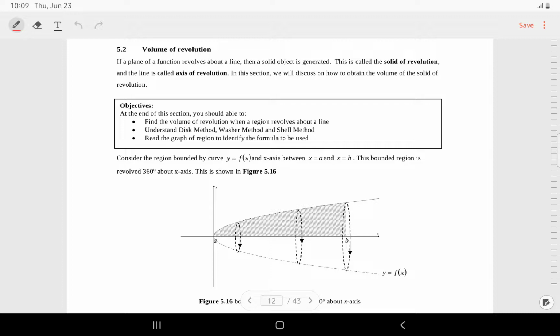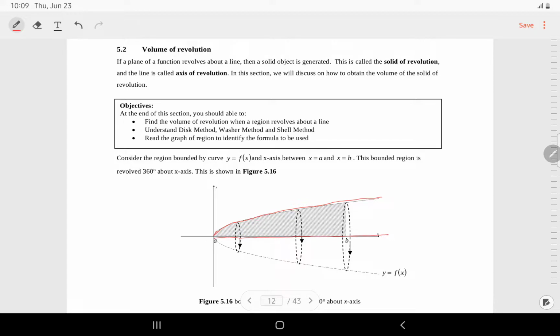So if a plane of a function revolves about a line, it becomes a solid object. This is called the solid of revolution. As you can see in this figure, we have one curve here, and if you can imagine this curve revolving about a line at the x-axis.